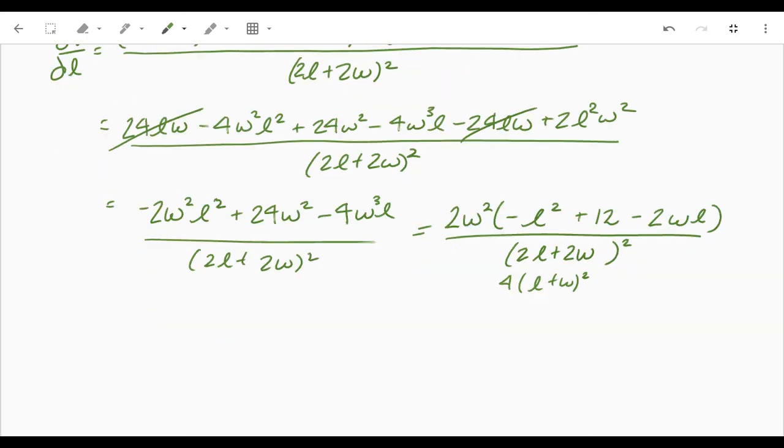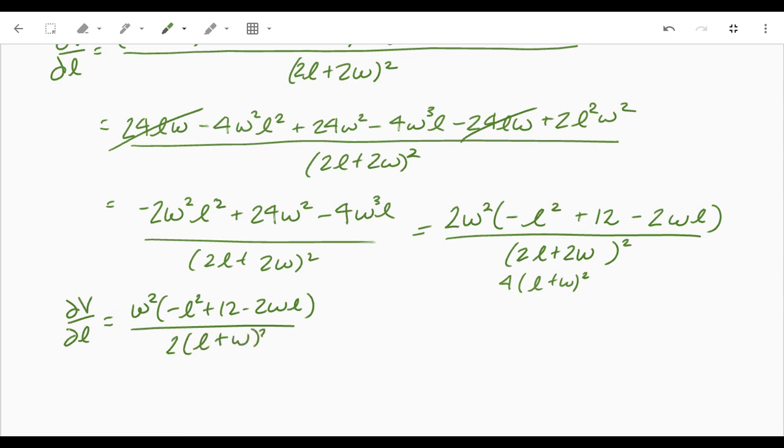Okay, so you can simplify it all the way down to dV/dL would be W squared times negative L squared plus 12 minus 2WL over 2L plus W squared. Okay, and again, W is treated the same way in that equation, so for dV/dW, we would just swap our variables.